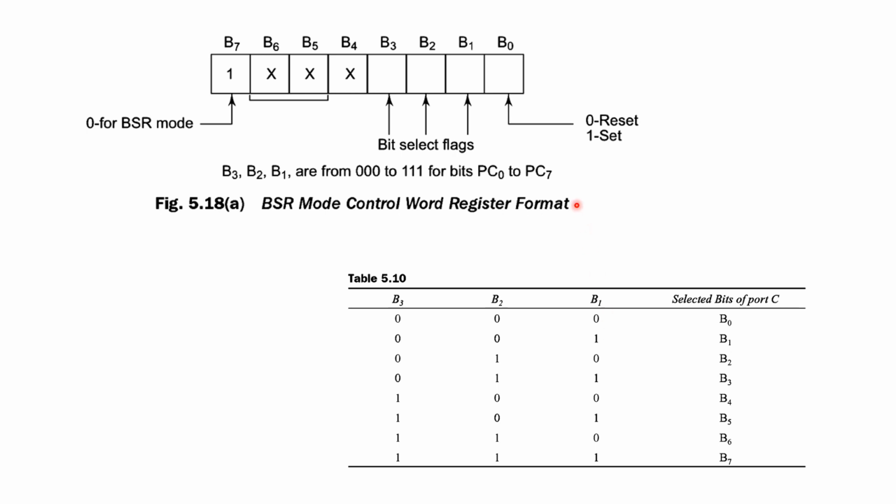By using this bit set reset mode, we can change any of the 8 bits of port C. So that is the use of bit set reset mode.